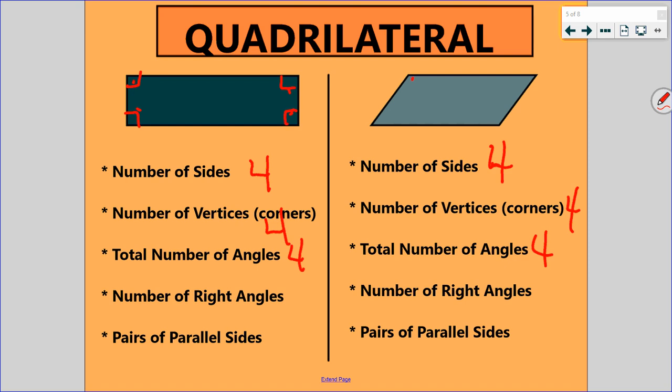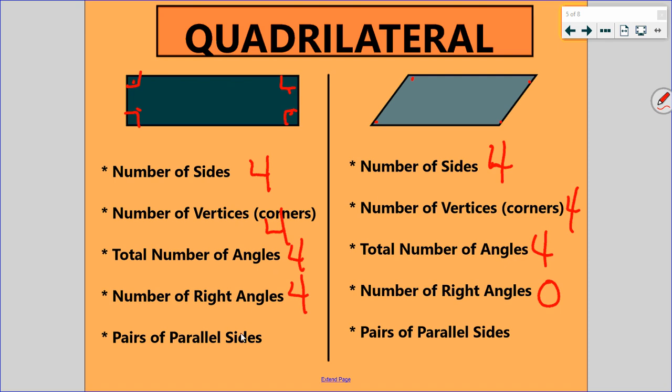So this one has 4 right angles. Every angle is a right angle. But let's look right here at this quadrilateral. Is that a right angle right there? No. These are angles, but they don't form that nice straight capital L even turned upside down. So there are no right angles on this one.